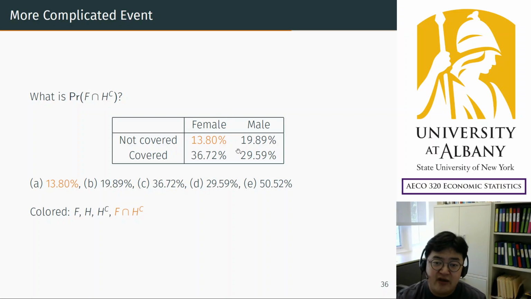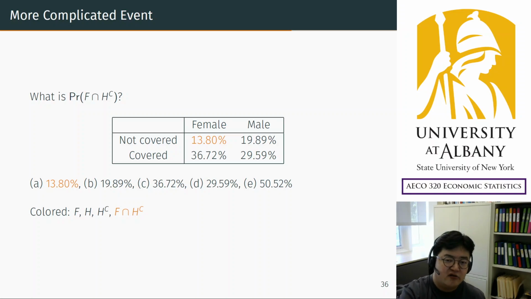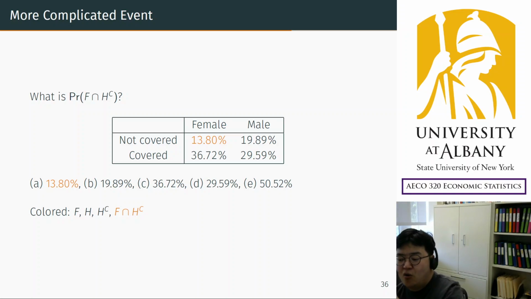So F includes multiple outcomes, and H includes multiple outcomes. But it takes a few manipulations to isolate one outcome. So this is the difference between notation and underlying principle and the actual information we have.